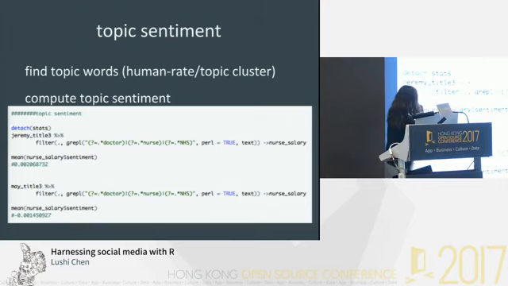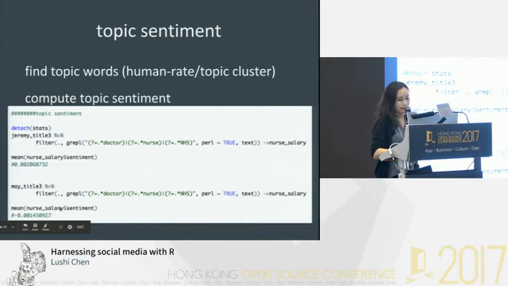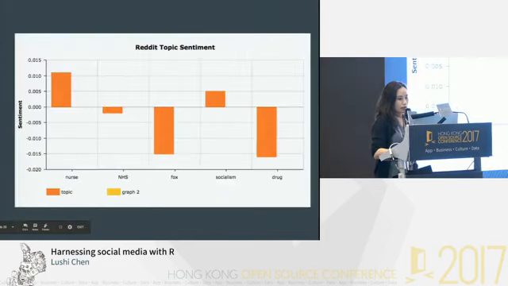This is the text that mentioned Jeremy. This is the text that mentioned Theresa May. So they're different. We can see that in the text that mentioned Theresa May, the nurse salary topic is quite negative. Now this doesn't do much.